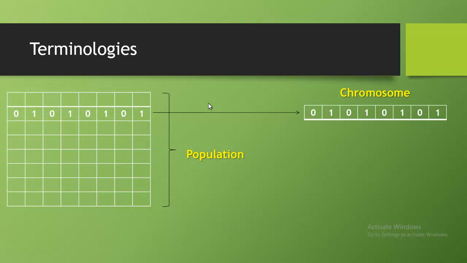When we focus on a chromosome, you see there are different elements in the solution. When you take one element from the chromosome, that element is known as a gene. Now focusing on the gene, that element has some value, and that value is known as an allele. This is the chart where you can easily understand the meaning of each term.